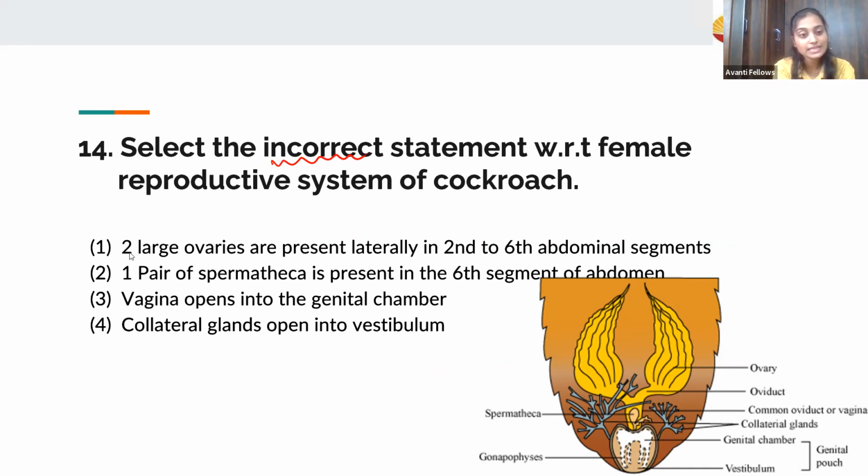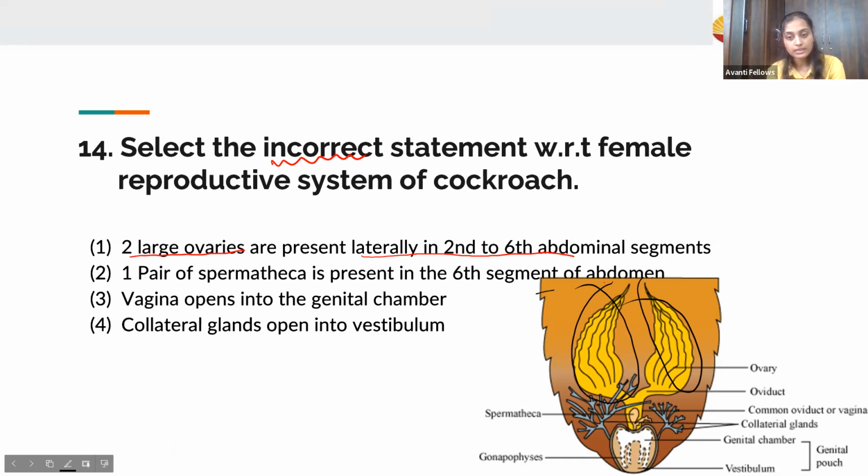The first statement says that two large ovaries are present laterally in the second to the sixth abdominal segments. Here you can see the ovaries, present laterally in the second to sixth abdominal segment.